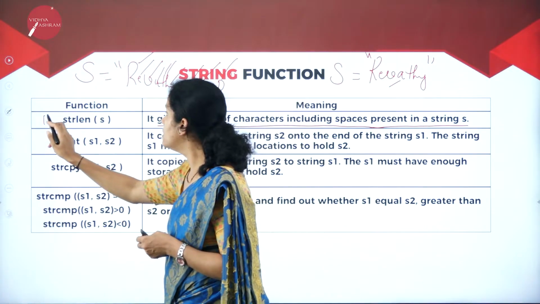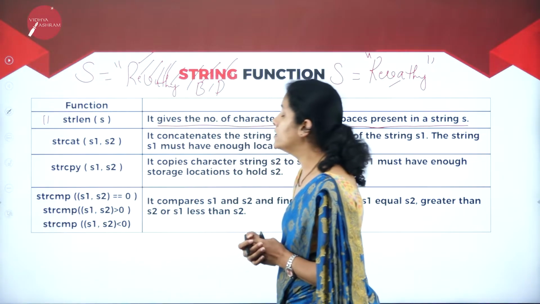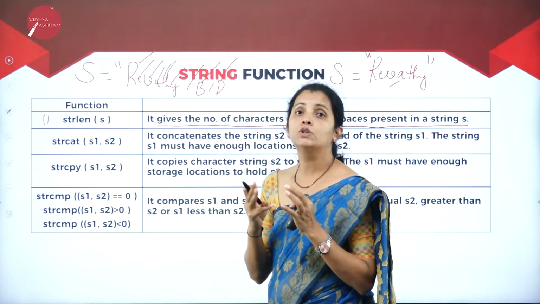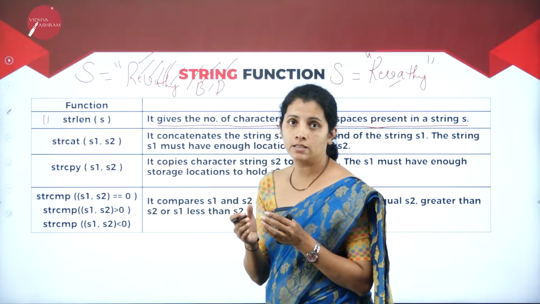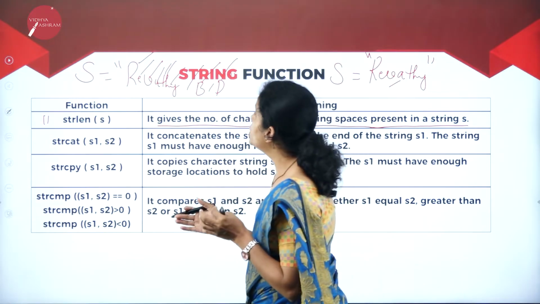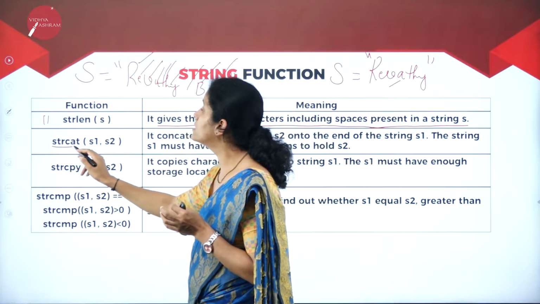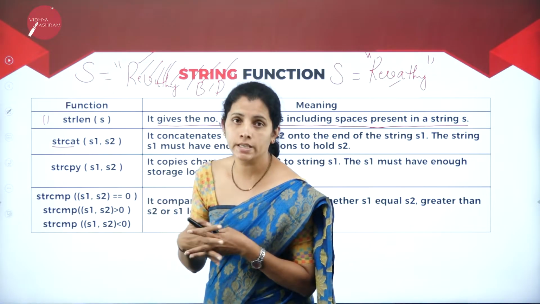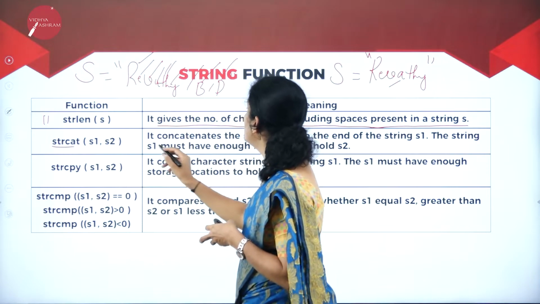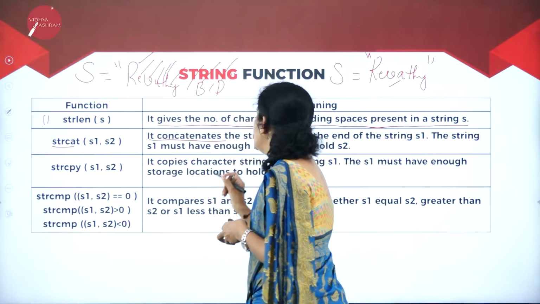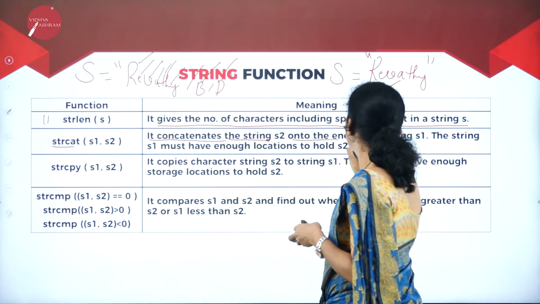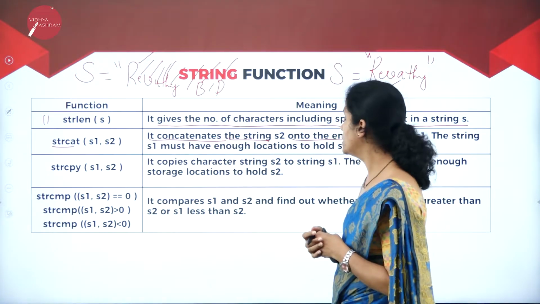It is 11. And suppose you want to concatenate two different strings, then I'm going to have the function strcat. That means I'm going to combine two strings together. So it concatenates string S2 onto the end of string S1.